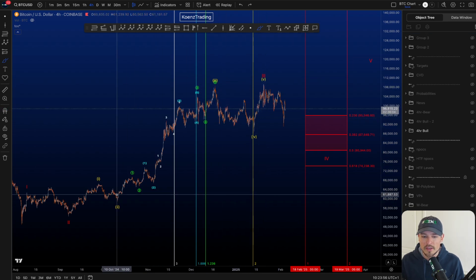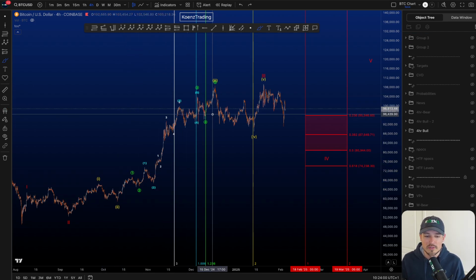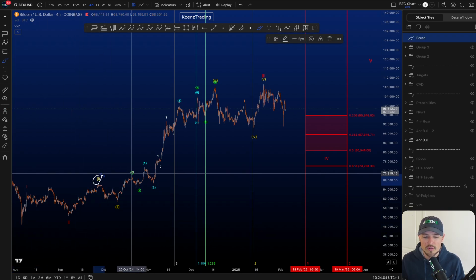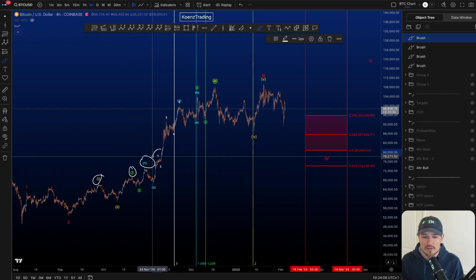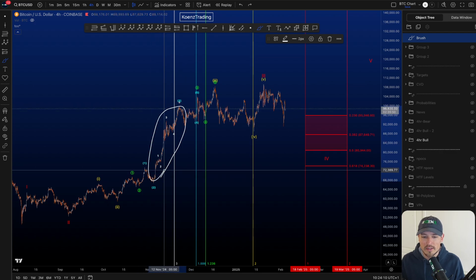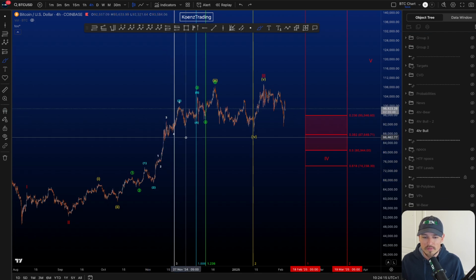Inside the yellow 3, we then have again a lower degree green count, 1, 2, 3, 4, 5, etc. So basically, red is your highest degree Elliott wave count, and then each color after is a lower degree Elliott wave count. And you can see that the white count here is the lowest degree on my chart, 1, 2, 3, 4, 5. Now this creates a typical impulsive structure.